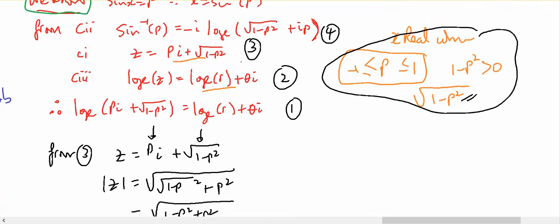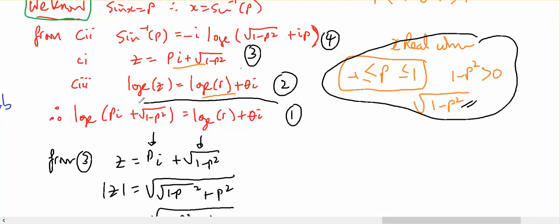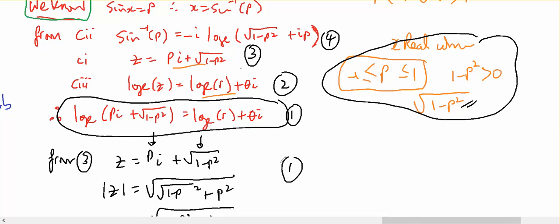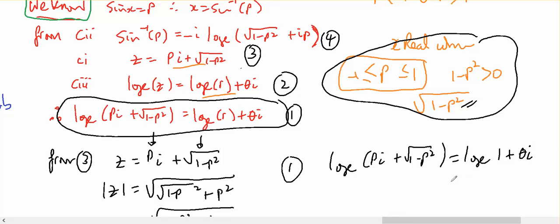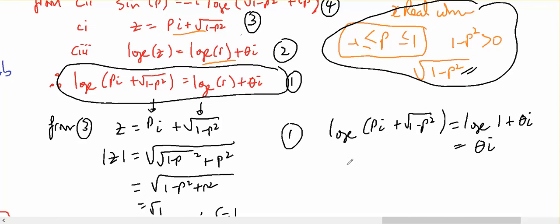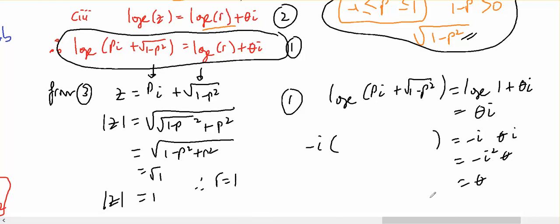So now if I come to this here, from section 1, log base e of p plus i times the square root of 1 minus p squared will equal log base e of r, which is 1, so that's zero, plus theta i, which will be theta i. So negative i times all of that is negative i times theta i, which is minus i squared theta, which equals theta, which is real.